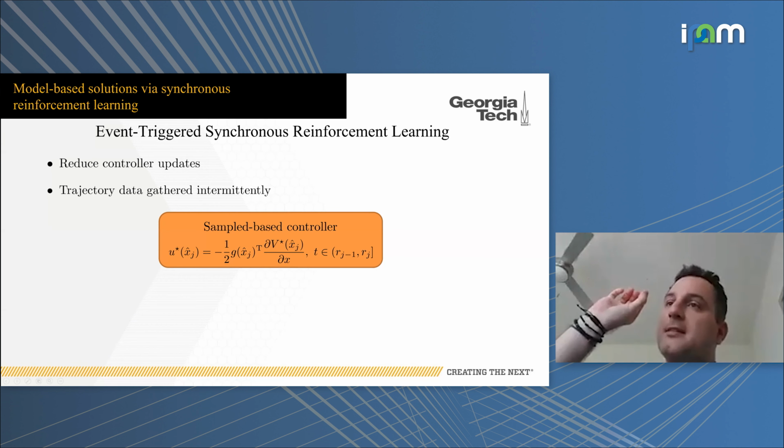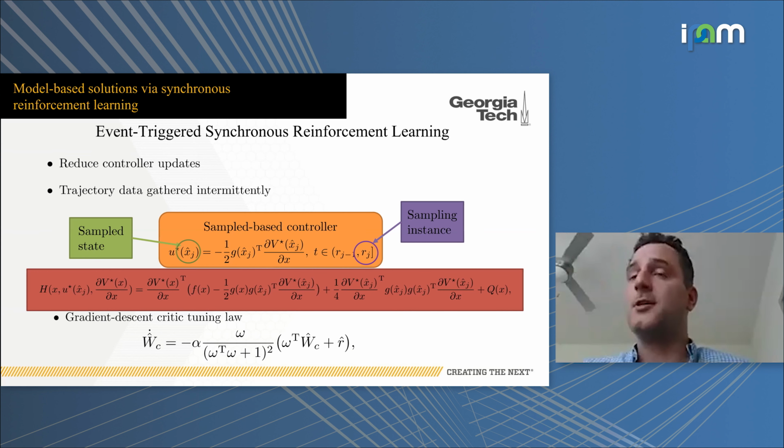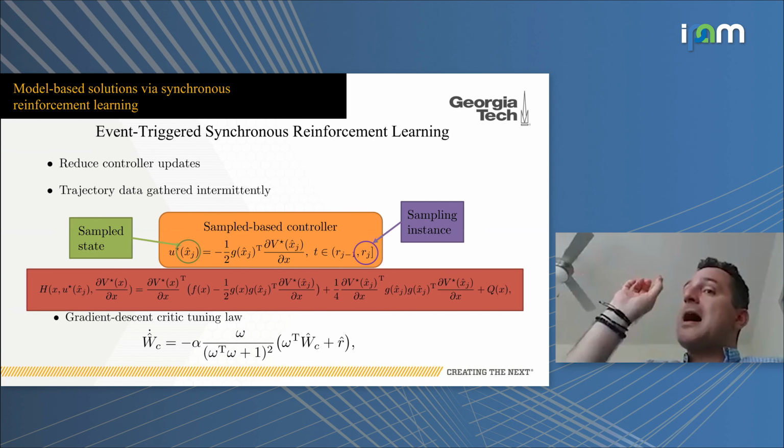Again, my tuning law for my critic will be the same because the cost is continuous. The cost will measure the state continuously, but my actor will have a zero-order hold component that you will see pretty soon. So the first tuning law that you see is the zero-order hold.